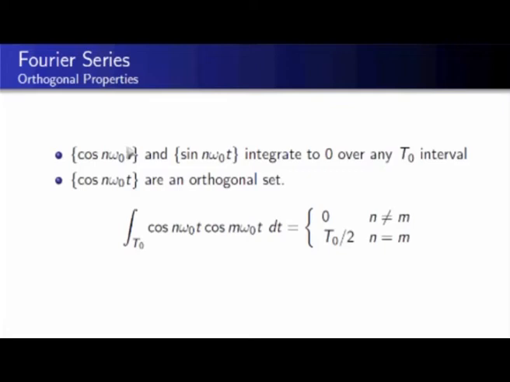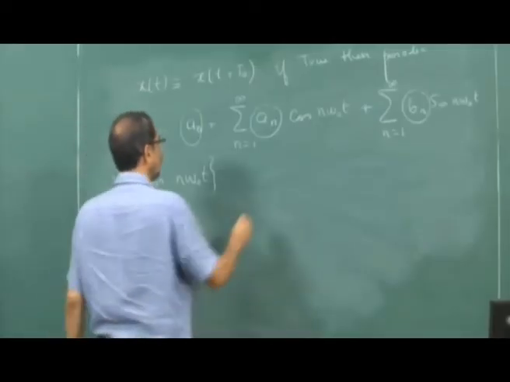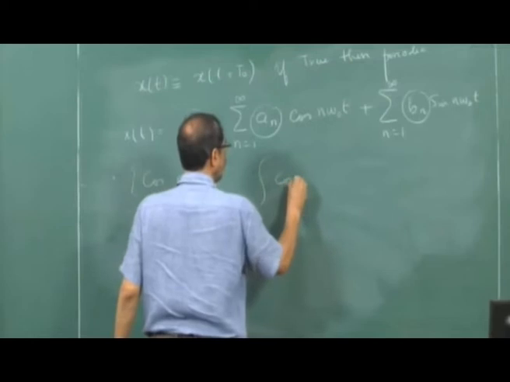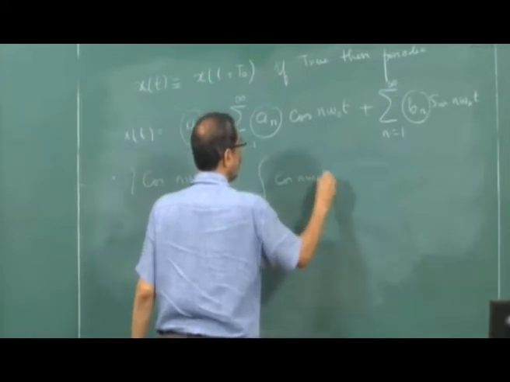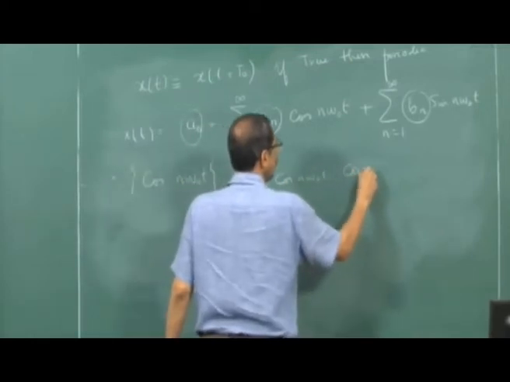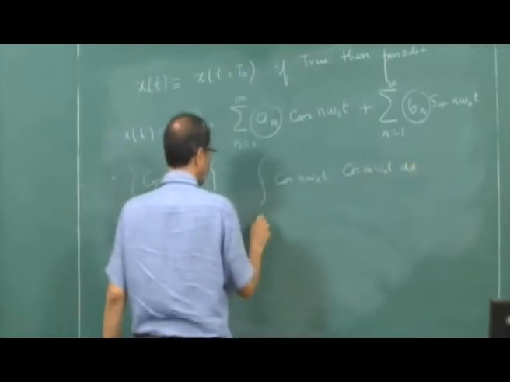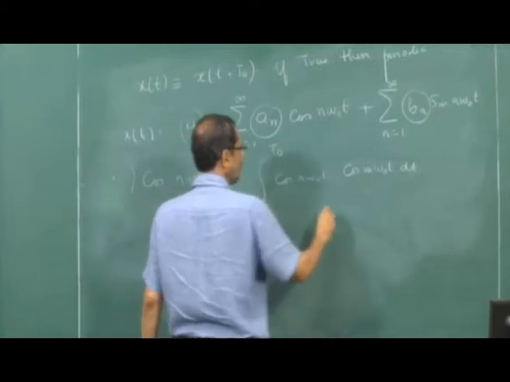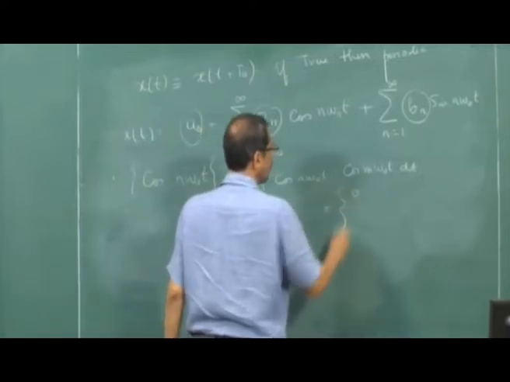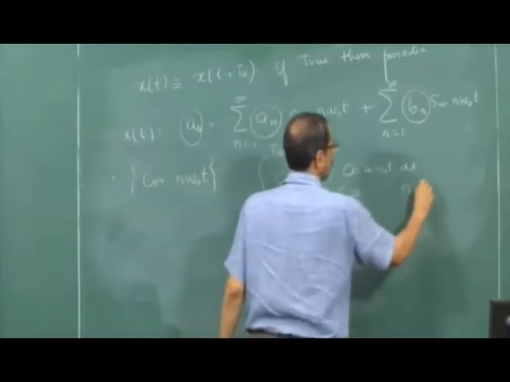Then the second idea is this set of functions. If you look at the cosine set of functions, they are orthogonal, meaning if you integrate the product cos(n omega naught t) into cos(m omega naught t) over T, this will be 0 as long as n and m are different.